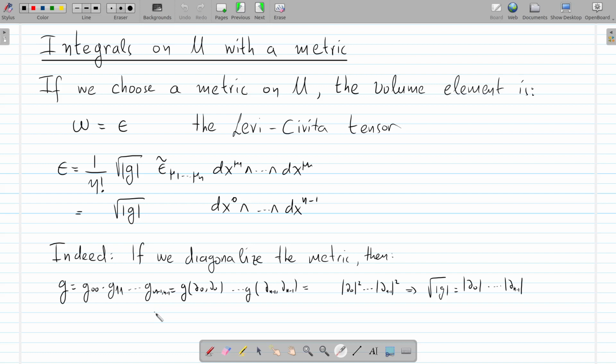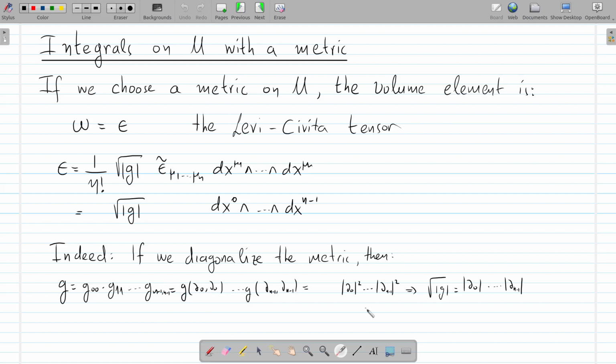And if the metric is expressed in the coordinate system of the eigenvectors, this is a diagonal metric where the diagonal terms are the eigenvalues of the metric. So the determinant is simply the product of those diagonal elements. But each term here is the value of the metric on each member of the basis separately. And this is nothing but the inner product of a vector with itself, by definition.